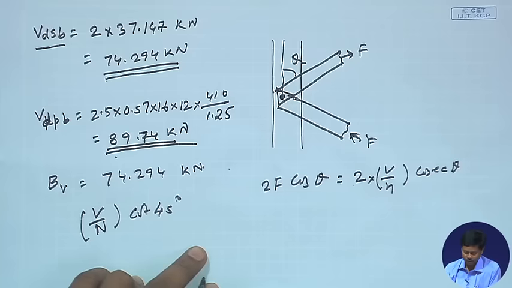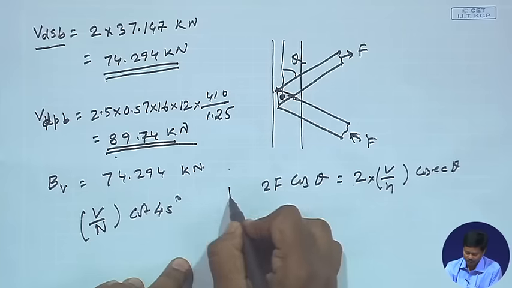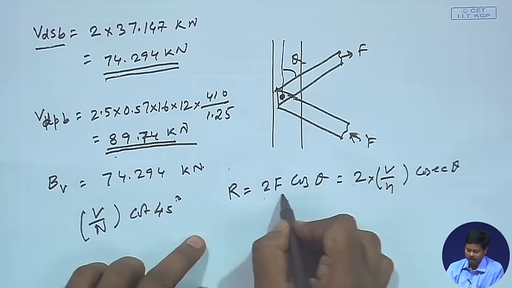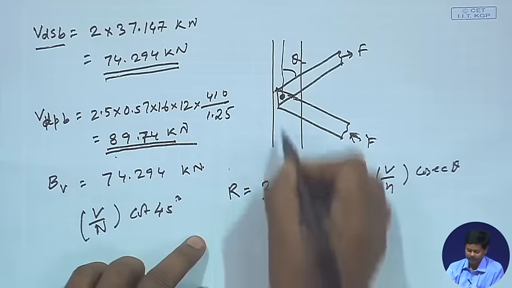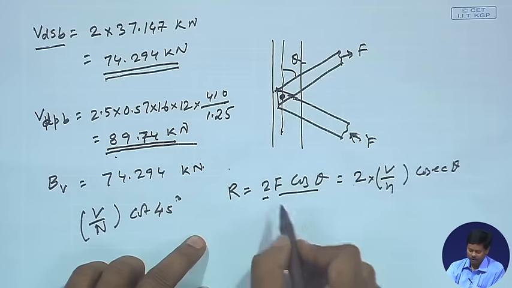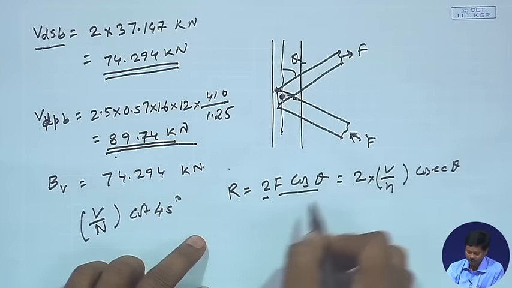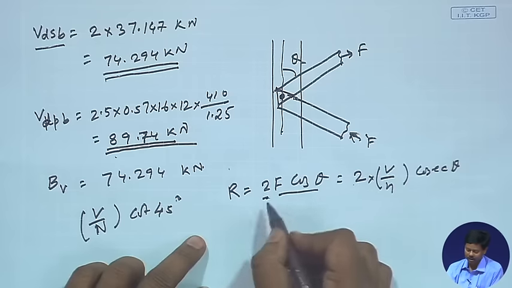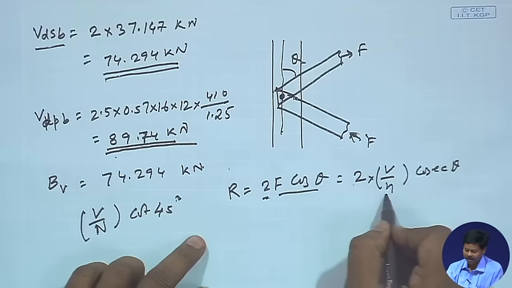Right. So, the resultant force R in this bolt will be f cos theta plus f cos theta, right. So, both will be acting together vertically, f cos theta and f cos theta. So, 2 f cos theta, again f is equal to V by N cosec theta.